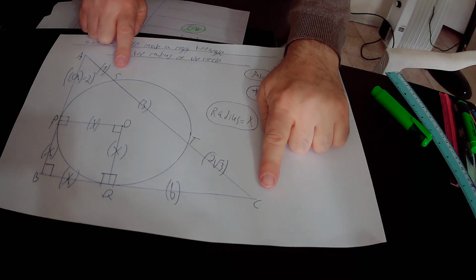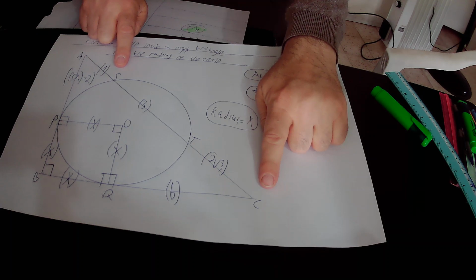CS, or SC, from the drawing it is very easy to see that SC in total equals 3 plus 2 times square root of 3.